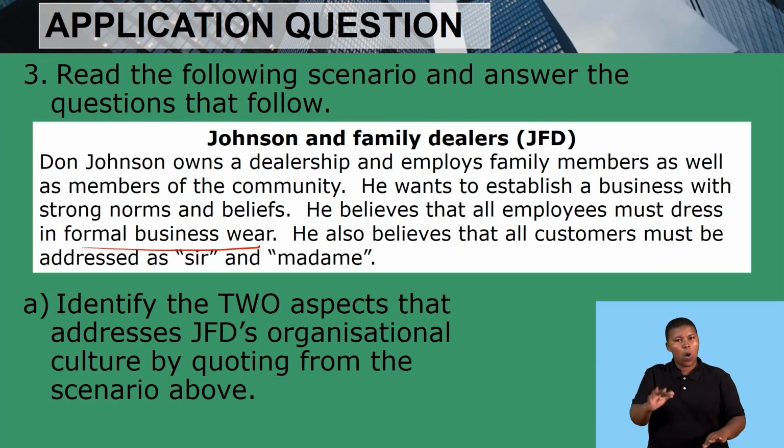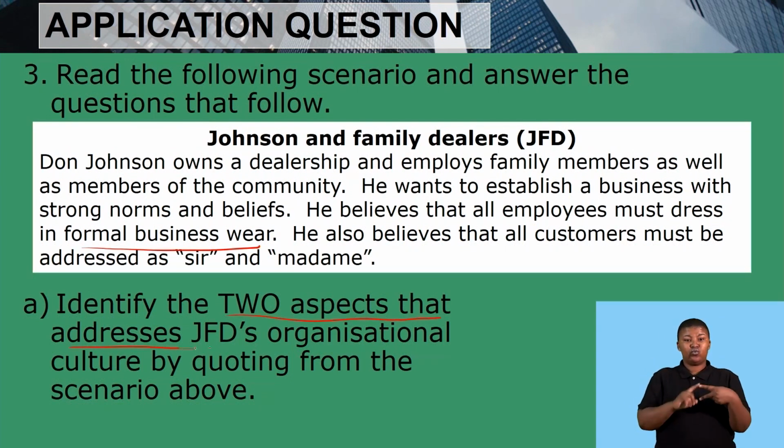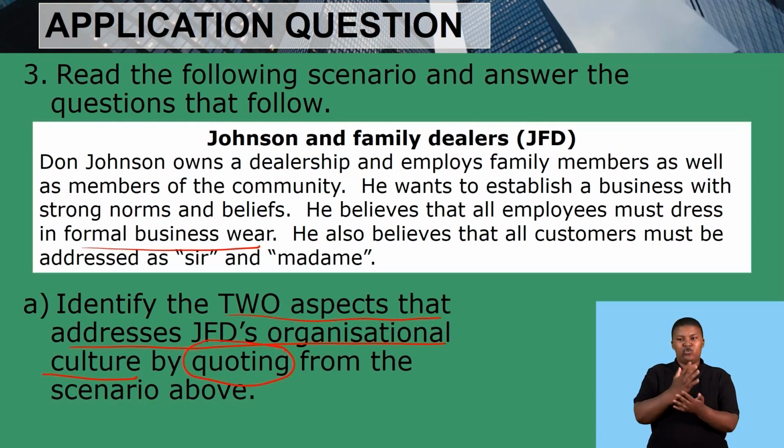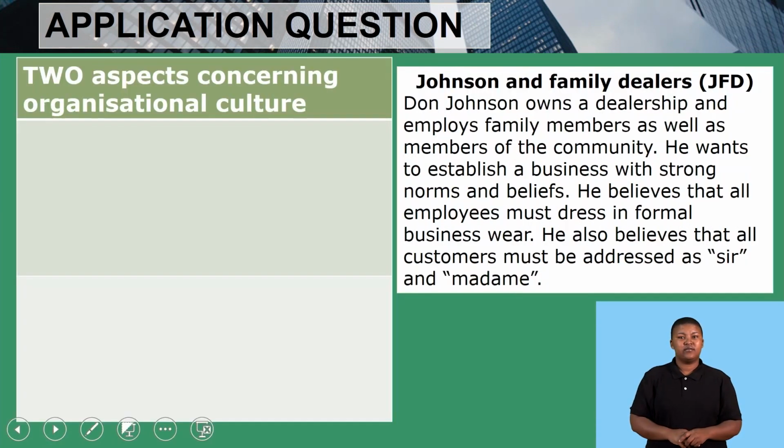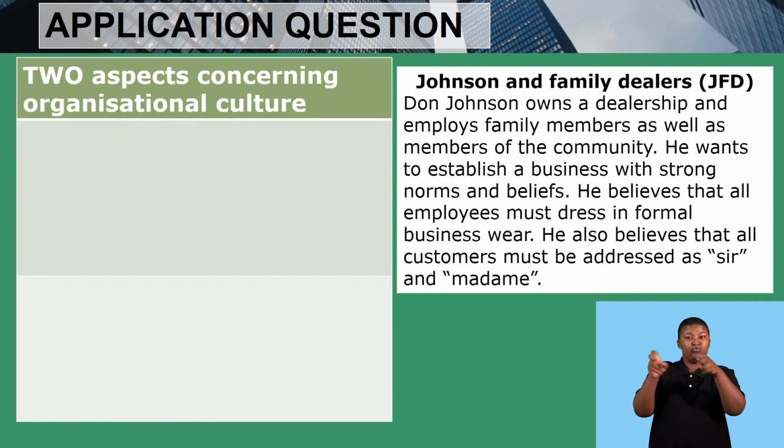In question A, they ask, identify the two aspects that address JFD's organizational culture. And how are we going to do that? We are going to do that by quoting from the scenario. So what this question wants is only the two quotes that address the organizational culture.